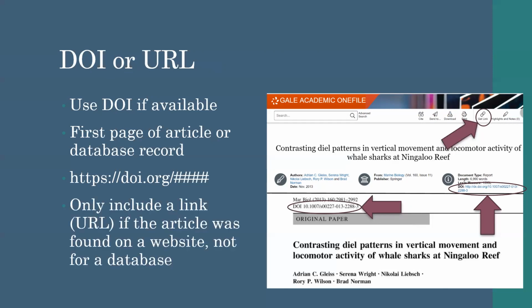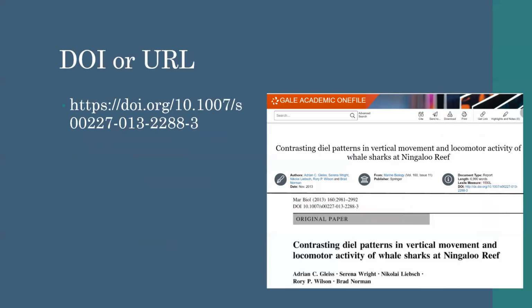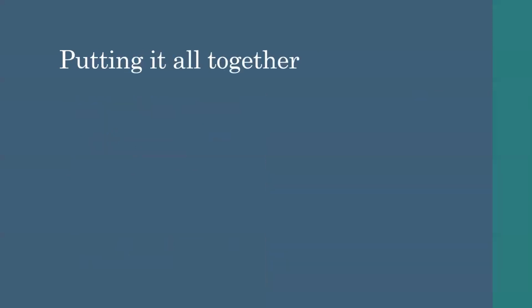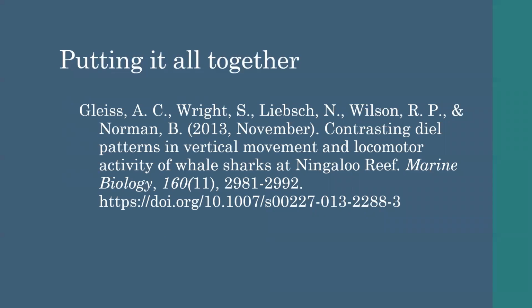If you do not have a DOI number and your article came from a website instead of a database, include the URL for the article. Do not place a period at the end of the DOI or URL. Our article has a DOI, so we will have https://doi.org/ and the number.